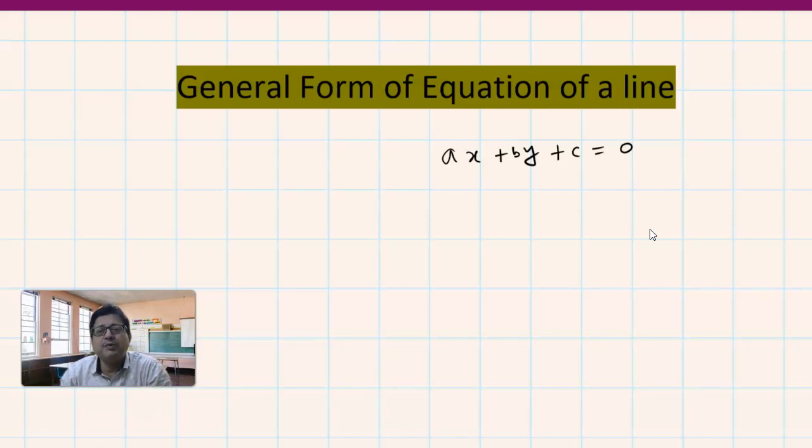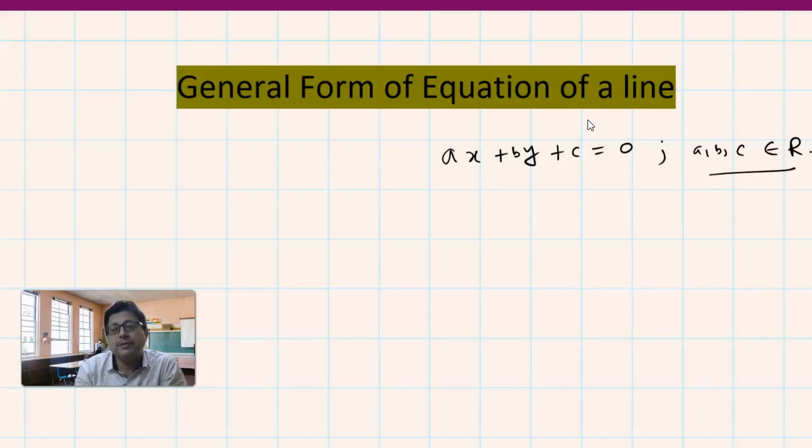One of them may be equal to 0, but both of them can never be equal to 0. c may be 0. It will represent the general form of a line. So this equation has three coefficients: of x, y and the absolute term, those are a, b, c. These three must belong to the set of real numbers.